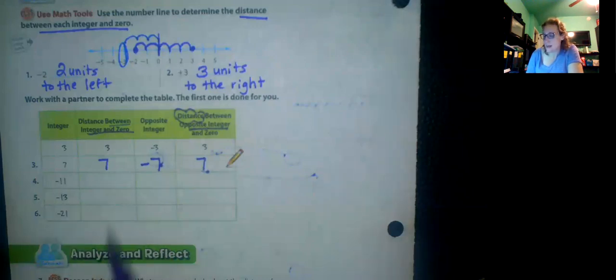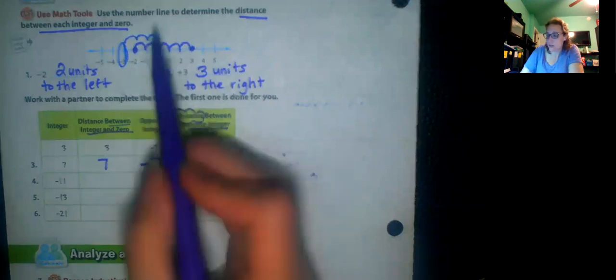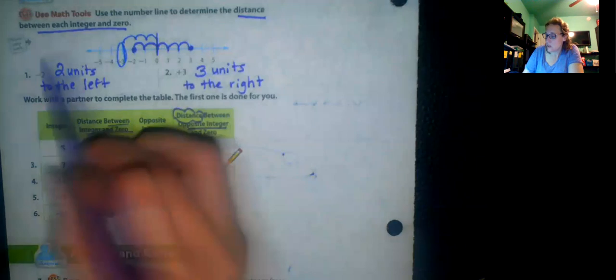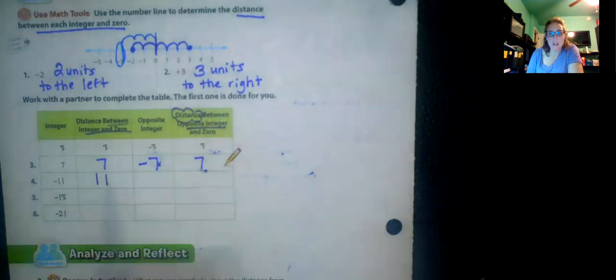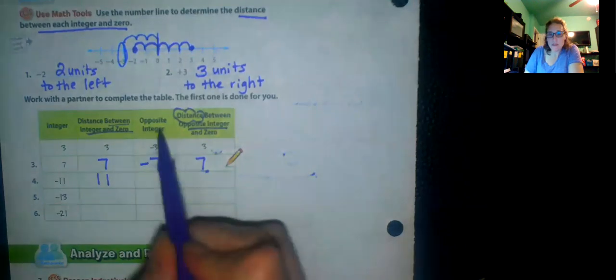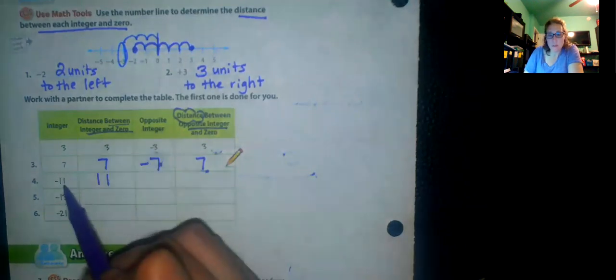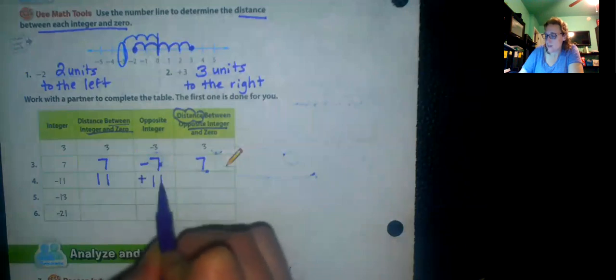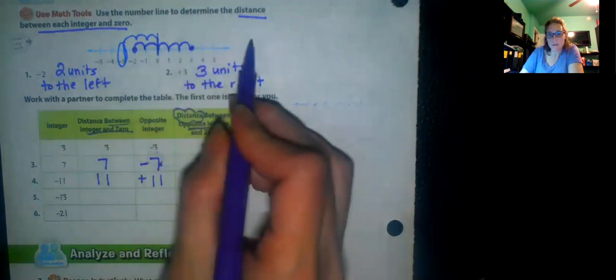Okay, let's look at number 4. The integer is -11. So if we're starting at 0 and we went all the way to -11, we would have gone 11 units to the left. Our opposite integer, the opposite of -11, is +11, right? Because we got to go to the right.